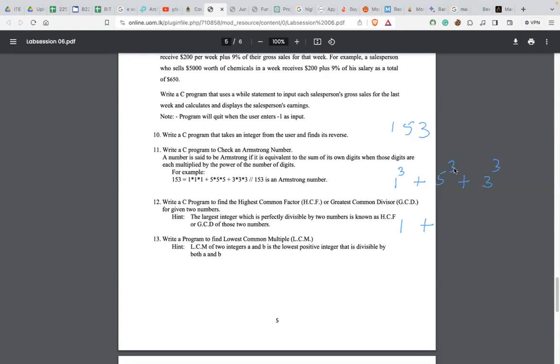Plus 5 to the power 3, that means 5 into 5 into 5. 5 into 5 is 25. 25 into 5, what is that value? Can someone respond? What is 5 to the power 3?